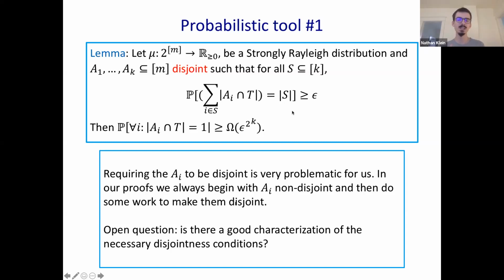And when we do the conditioning, we have to bound the changes on the sets. So this is not ideal. And this suggests the question: is there a good characterization of the necessary disjointness conditions on these sets? It seems we understand disjoint sets now, but we don't have precise tools for sets that overlap. I think this is a good open question.